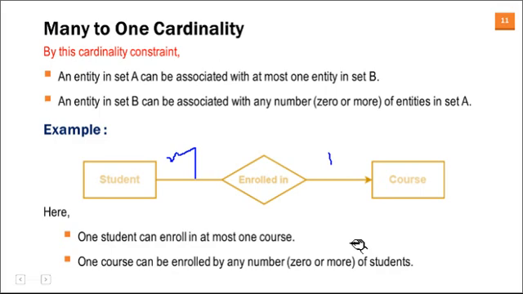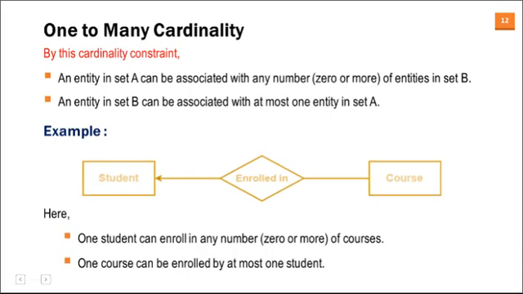I cannot enroll my student in B.Tech and side by side in MBA or BCA. There is a constraint that one student can enroll for at most one course, but many students can be enrolled for the same one course.